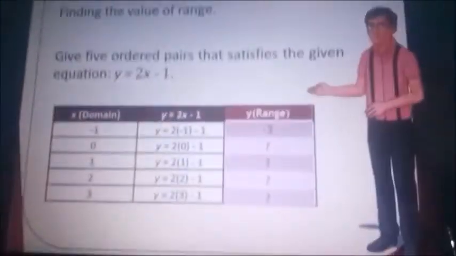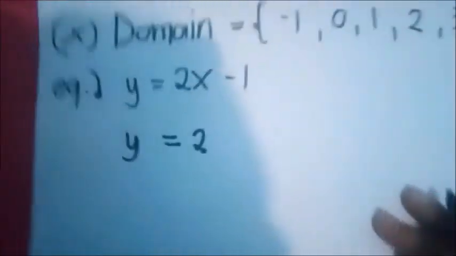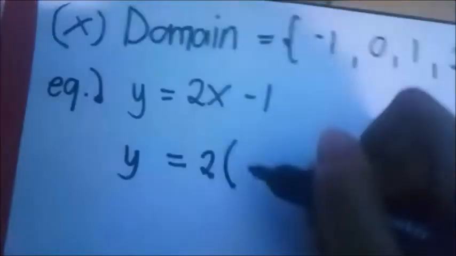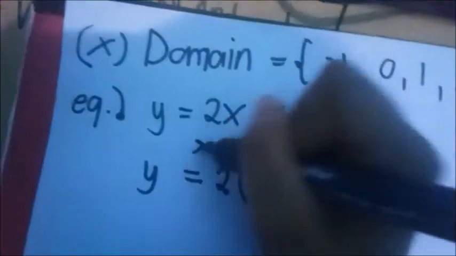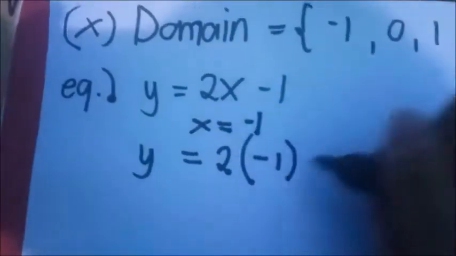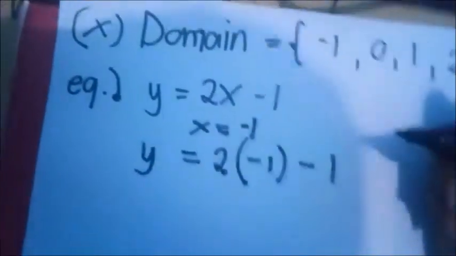Let us see if our answer is correct, if the range is negative 3. So let us substitute. Y is equal to 2x minus 1. What is x? Again, x is negative 1.